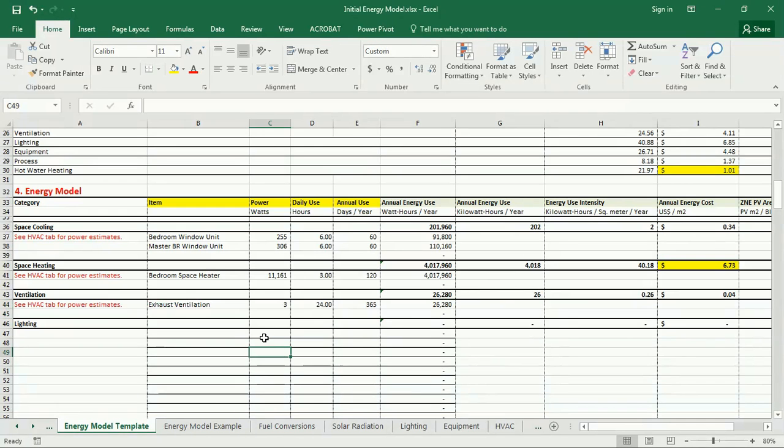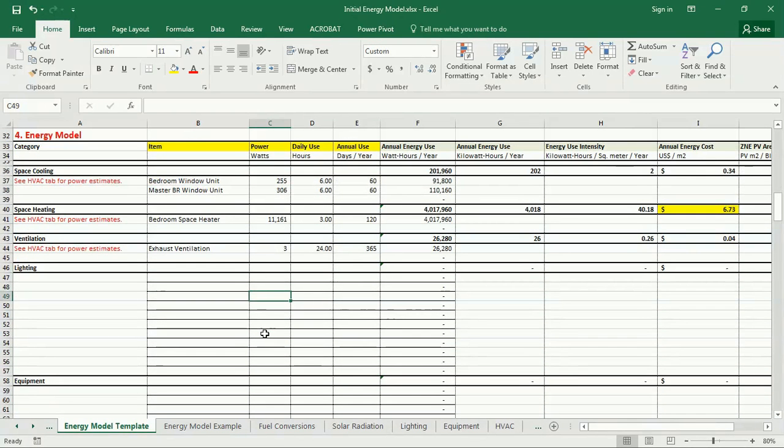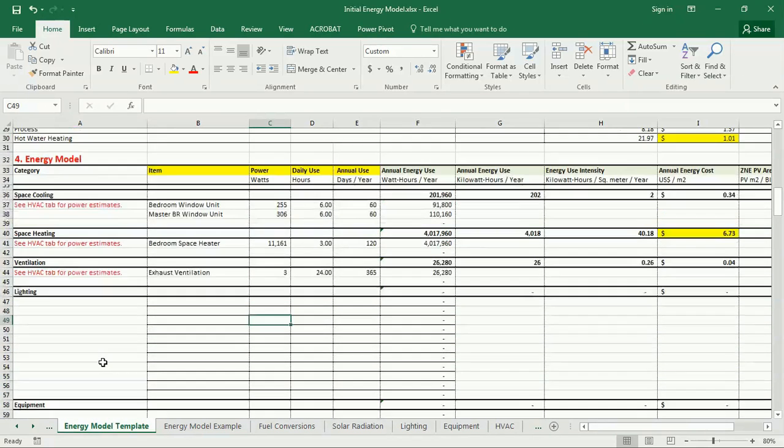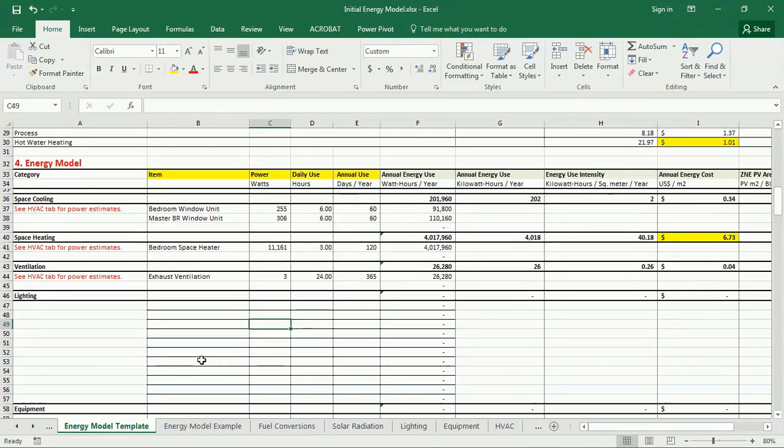The next two categories are pretty easy, and you should have a lot of this documentation already complete from the original work that you did. So for lighting and equipment, it's very simply energy is power times time, and as you just saw in the power monitoring exercise, it works out very simply.